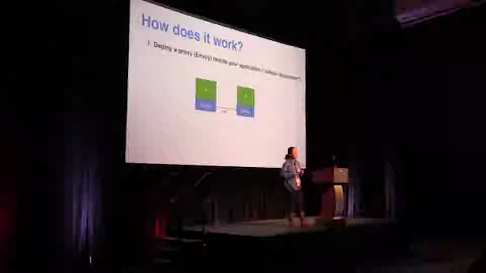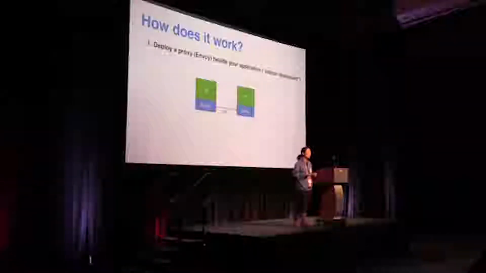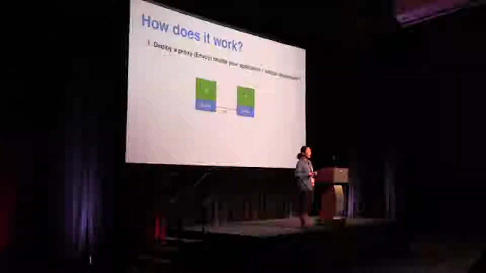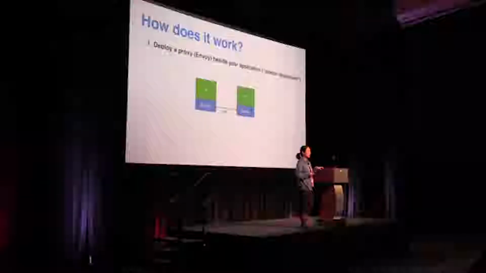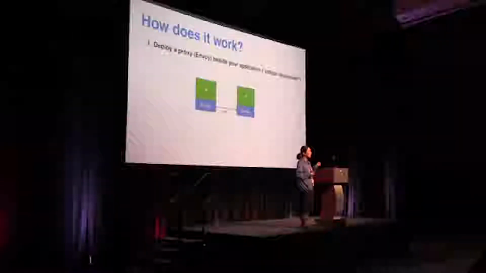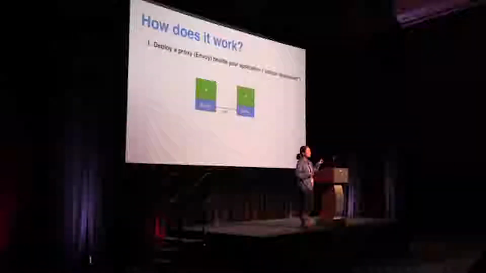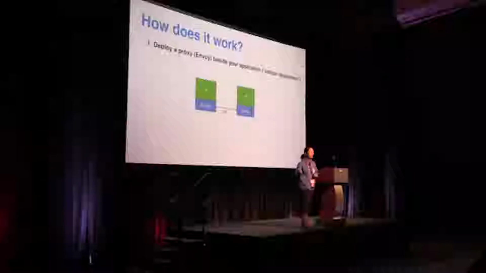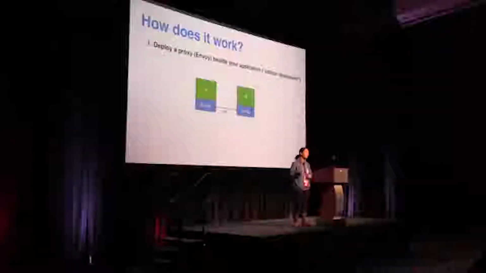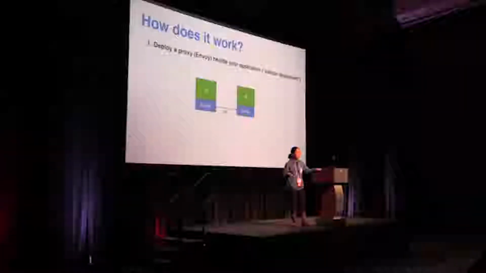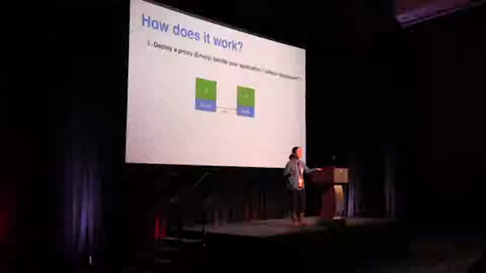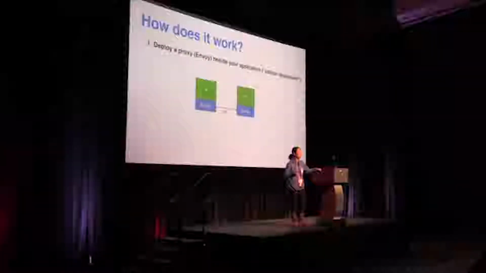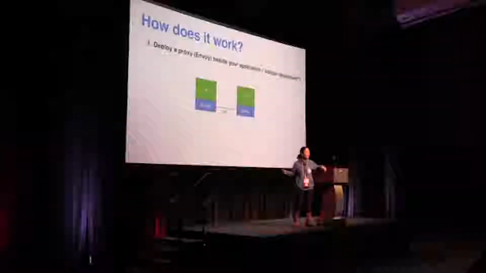When you deploy your service A and B within Istio, you deploy a sidecar along with service A, which is really container A. They are deployed within the same pod in the Kubernetes environment. And the same for B. Container B, which makes up service B, is deployed within the same pod as the Envoy sidecar.